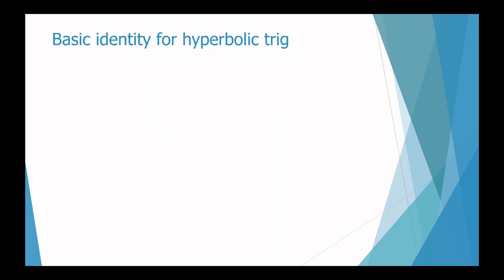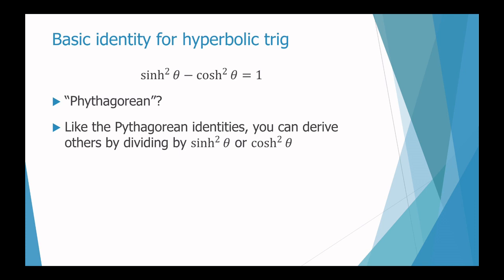The basic identity of hyperbolic trig is this, and this may look very Pythagorean without being a Pythagorean theorem. It has a Pythagorean type look, because just like the Pythagorean identities, you can derive the others by dividing by sinh squared or cosh squared of theta.